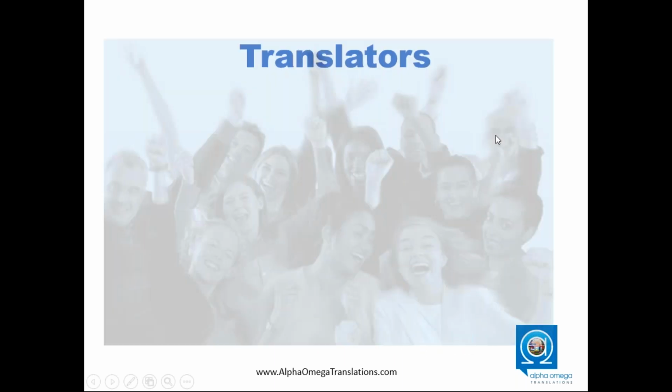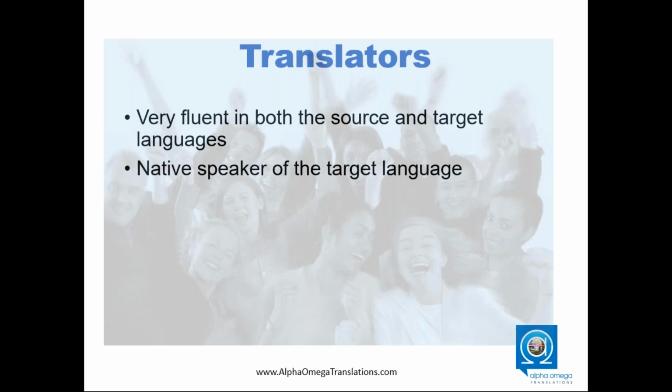There we go. So most language service providers have requirements for the translators they use, and they often certify these translators as well. So fluency is the most obvious one, right? There are different levels of fluency. Basic fluency means you know 2,000 words, but that's about all you need in order to talk to a 2-year-old.